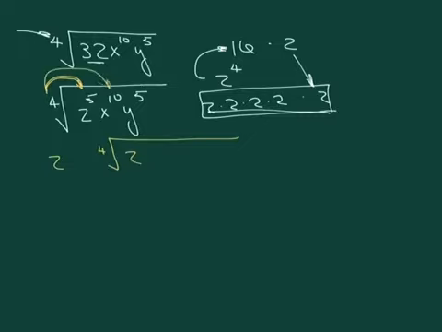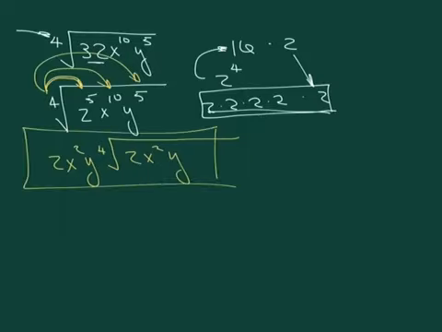How many times does 4 go into 10? Twice with 2 left over. How many times does 4 go into 5? Once with 1 left over. And you're done. You did not really even have to do much thinking there to get that long, complicated looking answer.